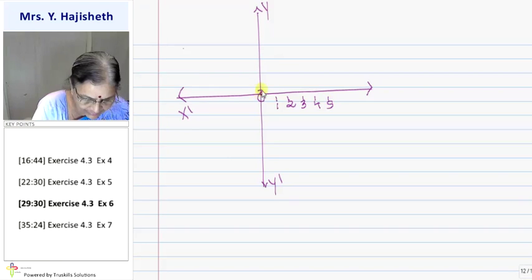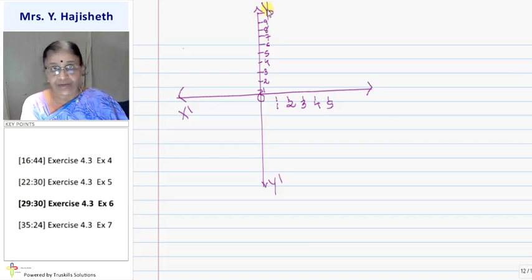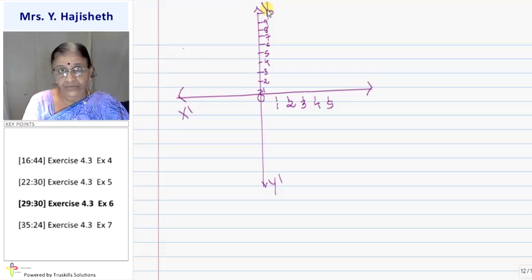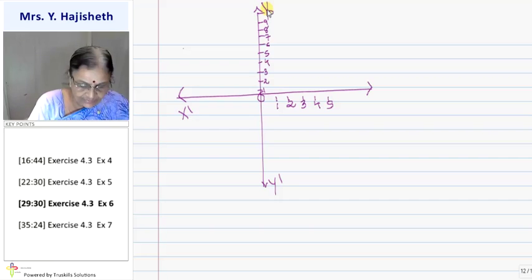Here also I take 1 2 3 4 5 6 7 8 9 and 10. Why do I reach up to 10? Because we should find out the work done when distance covered is 2 units, and when distance covered is 0 units. So we have to go up to there.